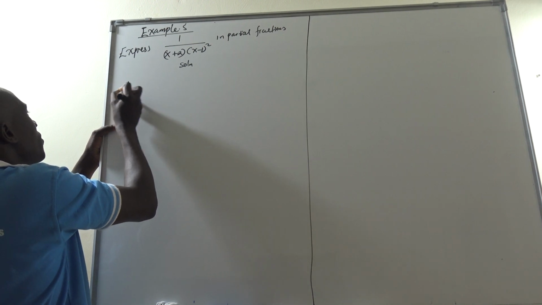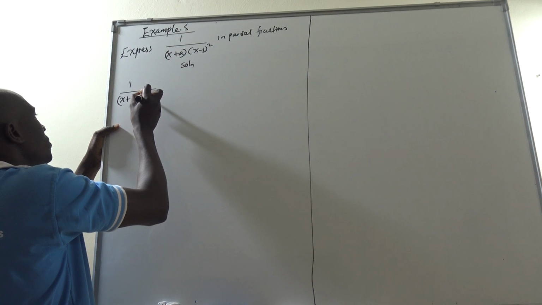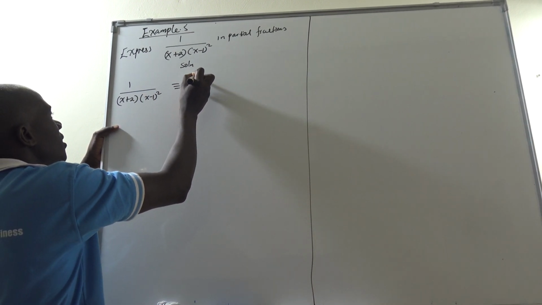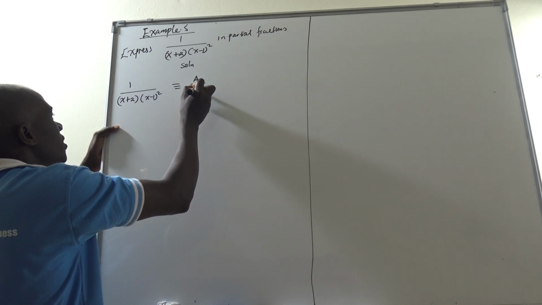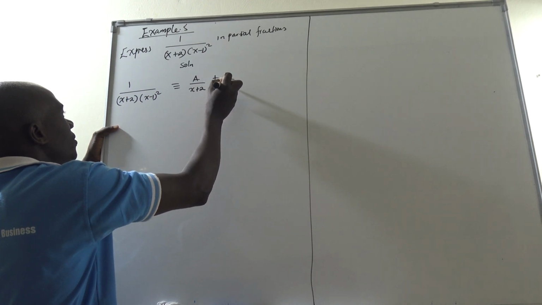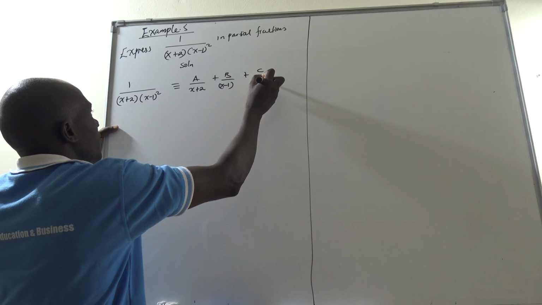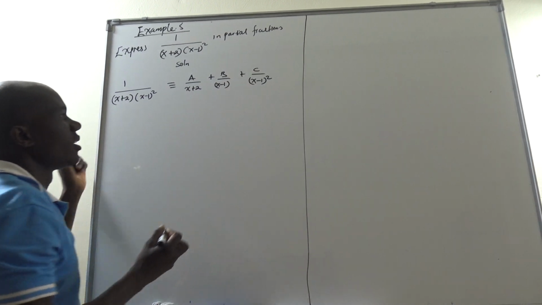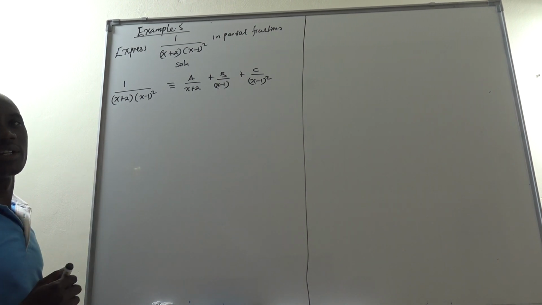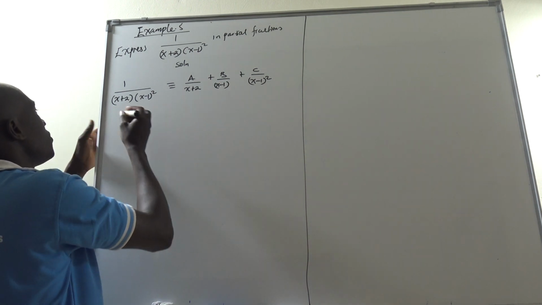So I've got 1 all over (x + 2)(x - 1) squared is the same as A out of x + 2, plus B out of x - 1, plus C out of (x - 1) squared. So what we're going to do is get the LCM, then we try to substitute.